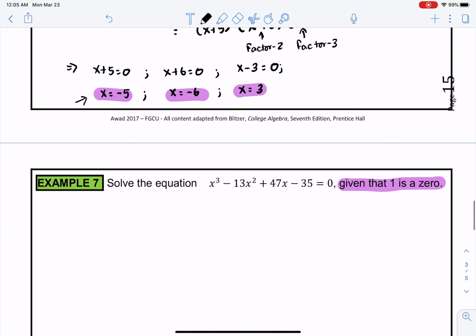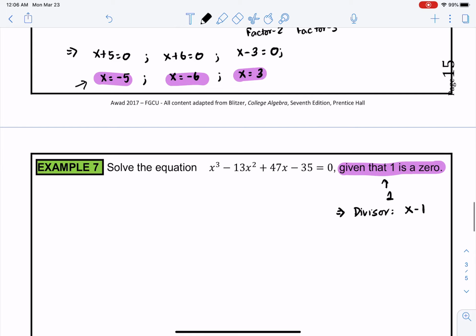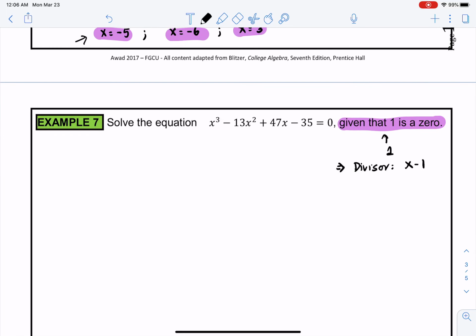So now the zero is positive 1, which would imply the divisor is x minus 1. So the value of c is 1. So pretty much what we're trying to say here is the value of c in synthetic division is simply the zero.